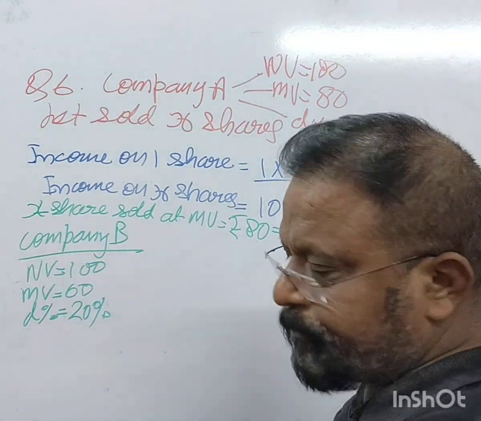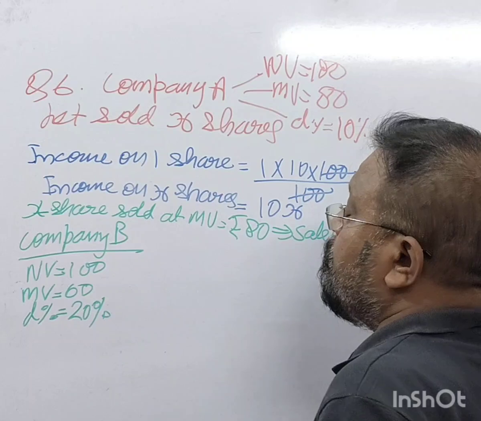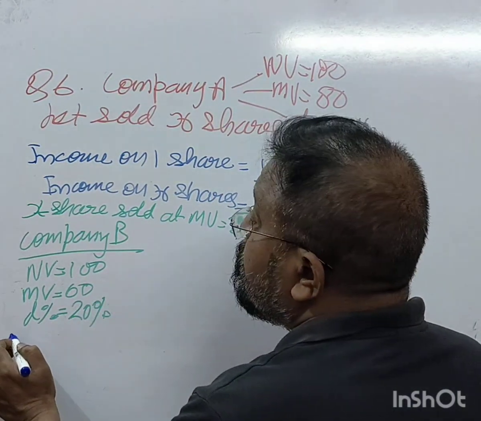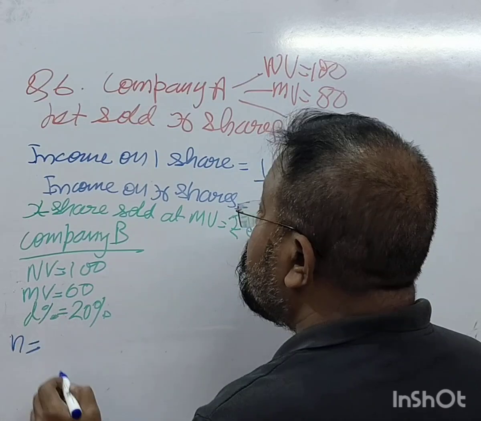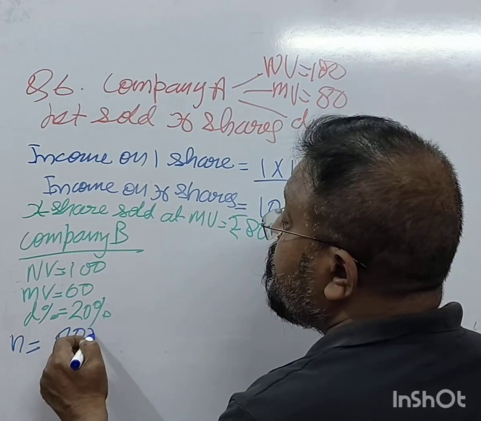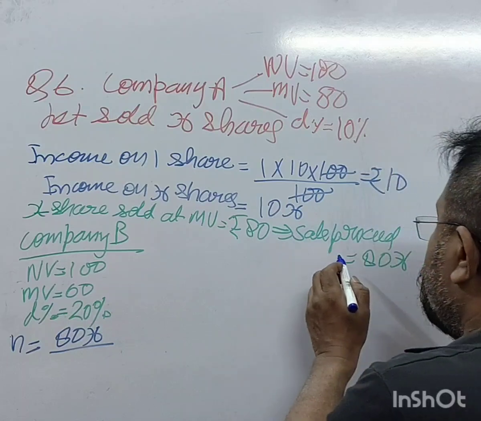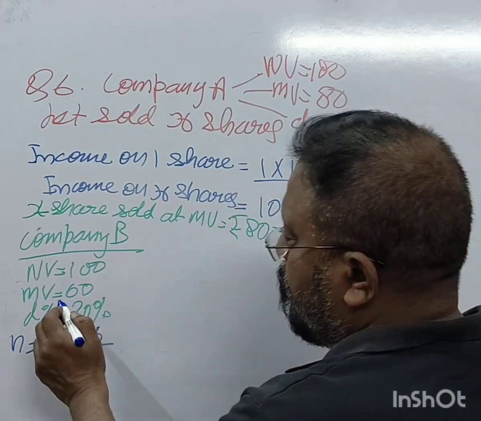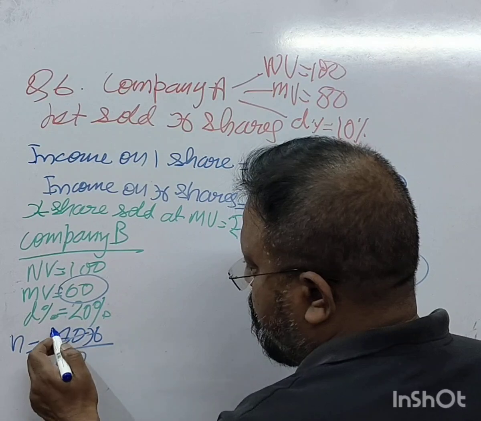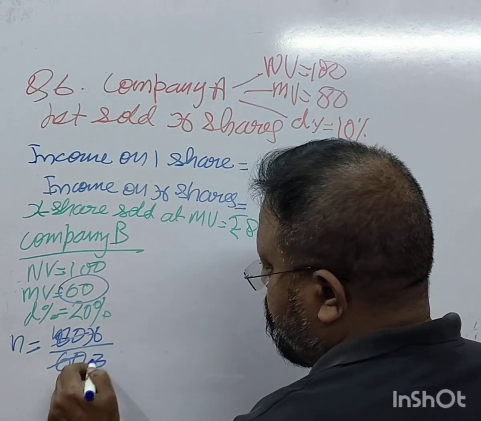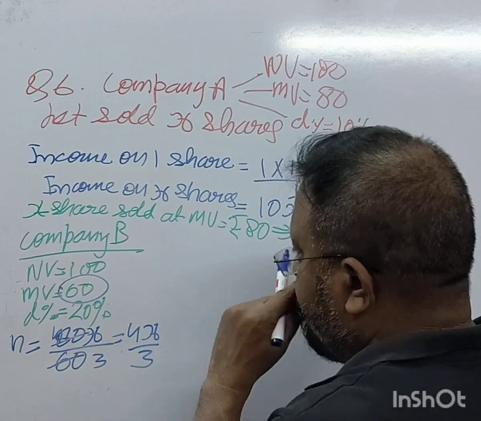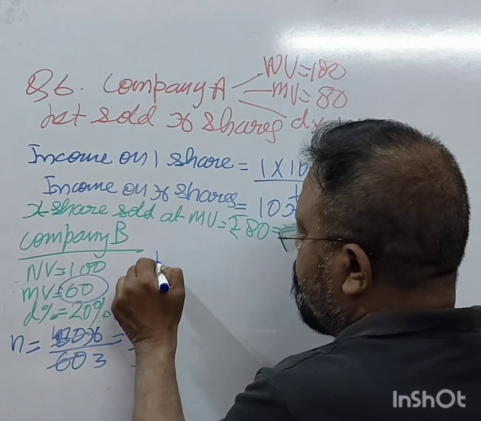So number of shares is equal to 80x sale proceed upon MV 60. It becomes 4 by 3. So 4x upon 3.